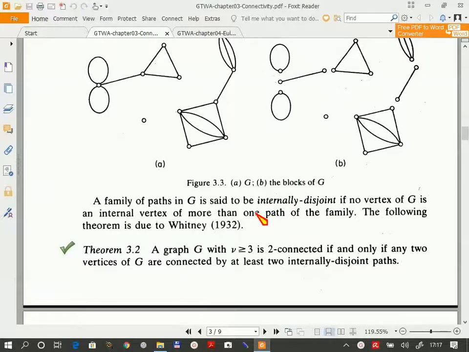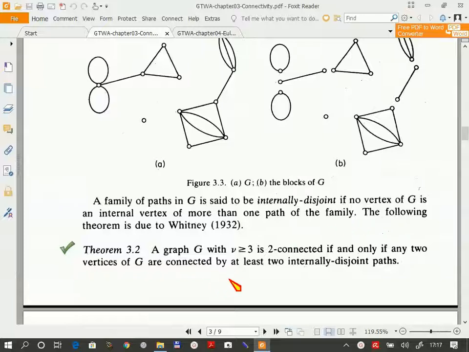What's the meaning of internally disjoint? It means two paths might have the same origin, the same terminus, or same origin and terminus, but no vertex in between, no internal vertex. Internal meaning not the origin, not the terminus, should be in common between the 2 paths.